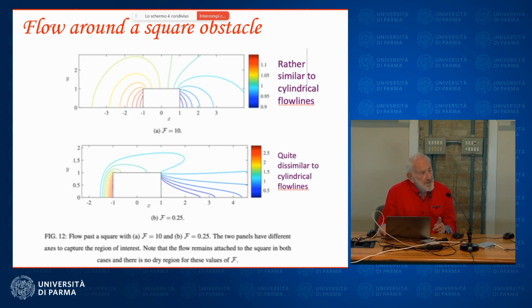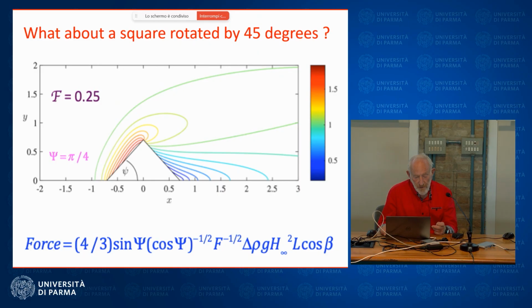And that already tells you that under some useful conditions, the shape of the topography or the shape of the obstacle, because we have in mind houses and things like that, will play a large role.